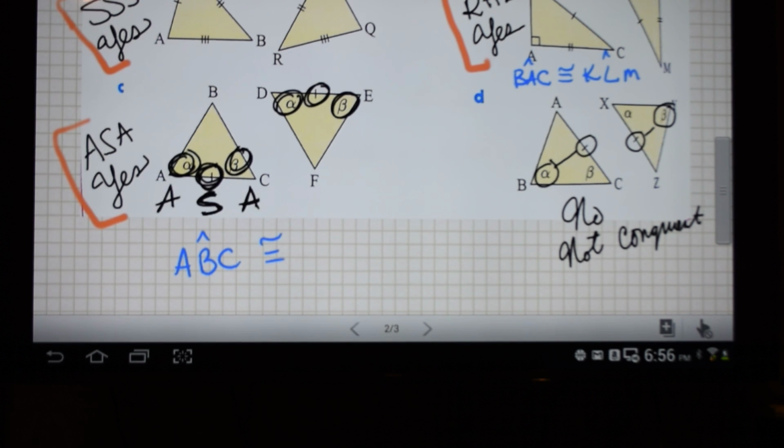This one's easy because they already have them labeled. The one that goes with A is D. The one that goes with B is F, the one that's not labeled. And the one that goes with C is this beta, the Greek letter beta. And there you go. That's your congruency statement. We can't do a congruency statement for those because they're not congruent.